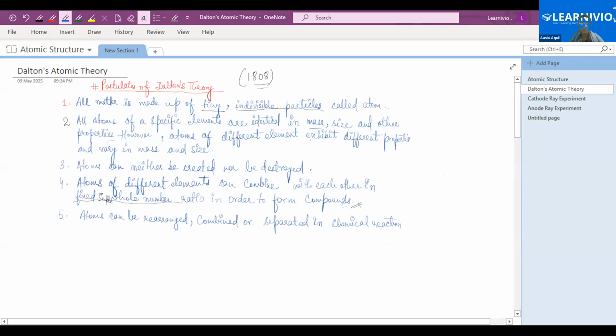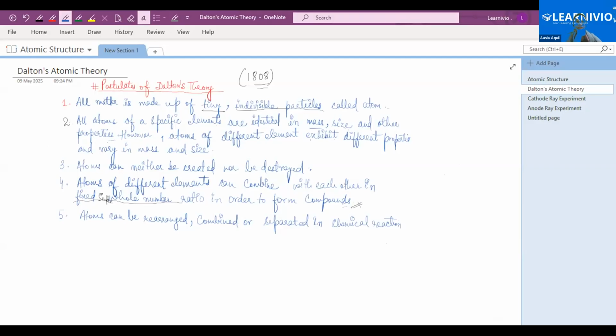So you can write down the merits if they ask for the merits of Dalton's theory. What does merit mean? Merit means the advantage, or the positive points, the correct points of Dalton's theory.